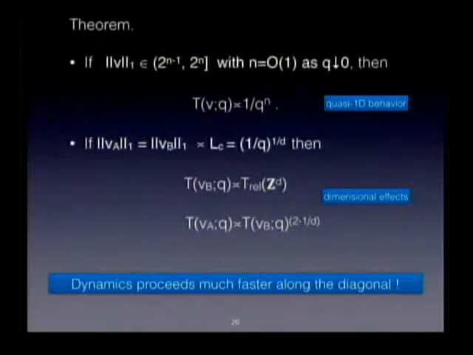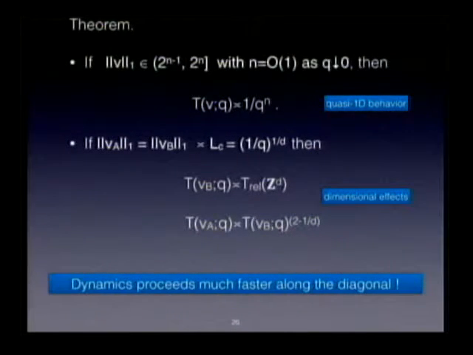Now, here I present the result only for these two extreme cases, when n is order 1, or when 2^n is exactly 1 over q at this critical length. But actually, we have a result for the whole range. What we prove is that the persistent time in the diagonal direction coincides essentially with the relaxation time for the infinite lattice.